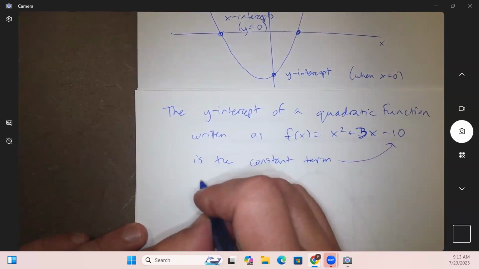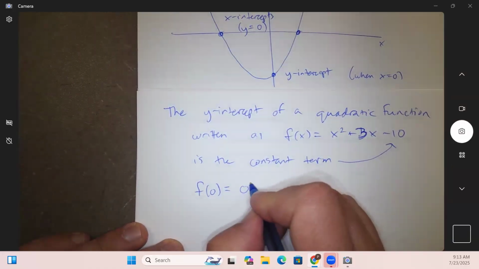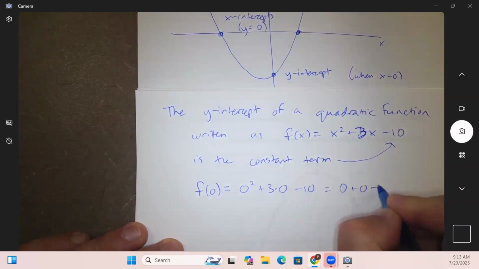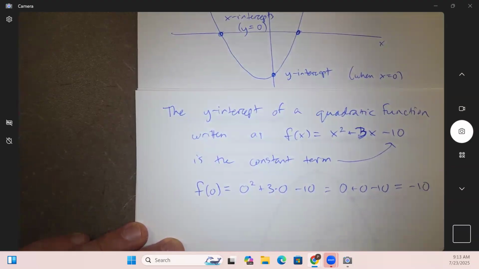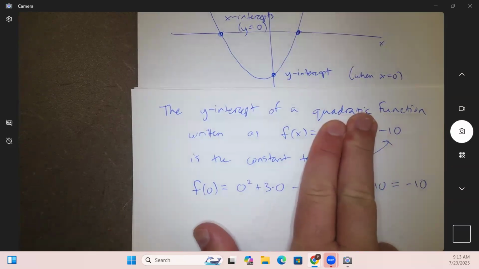Because if x equals 0, f of 0 would have 0 squared plus 3 times 0 minus 10. Well, that's just 0 plus 0 minus 10, which is negative 10. The y-intercept of a quadratic function is always just that constant term.